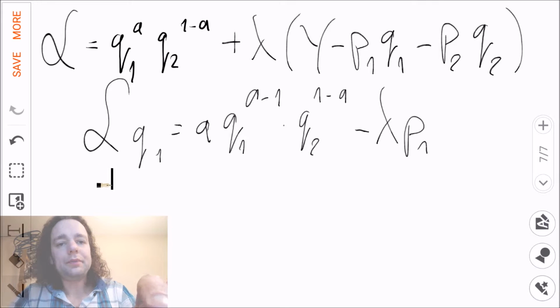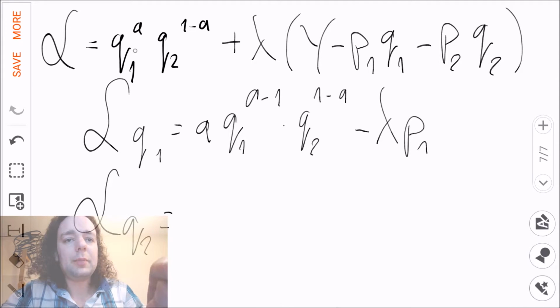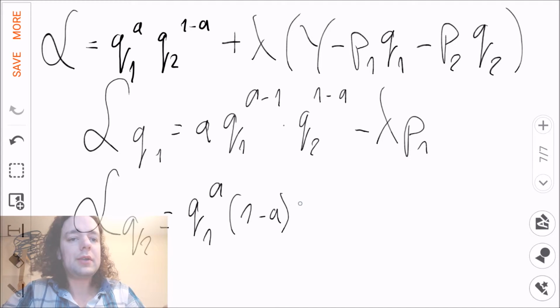So the Lagrange with respect to Q2, similar thing, right? We have, okay, this is again just a number, right? Q1 to the power A, and Q2 is not a number. We have to take the derivative of that one. So this one goes in front, 1 minus A, between brackets, right?